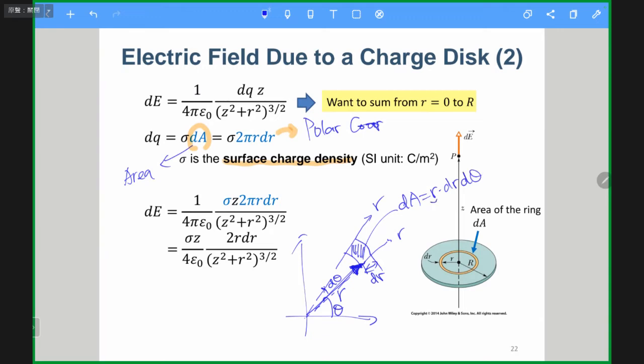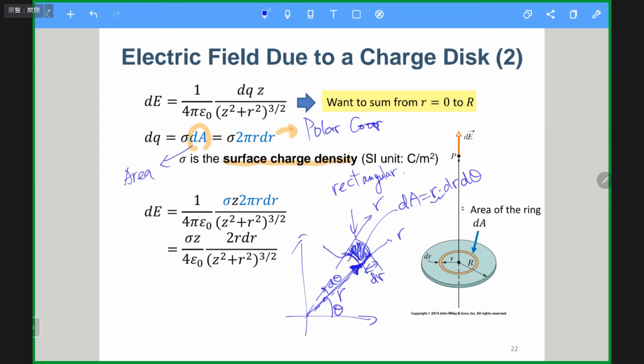We need to have this r, because you can consider this one a rectangle. Although this does not look like a rectangle, if dr and d theta are small enough, you can regard it as a rectangle.